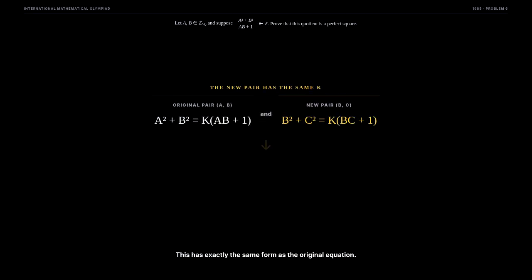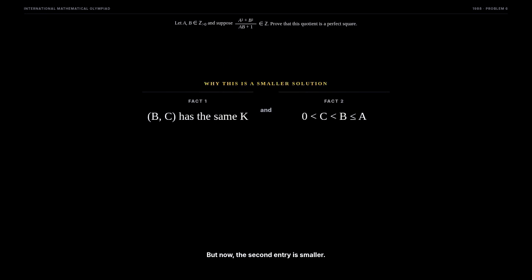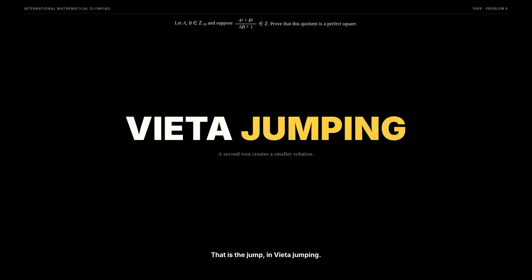This has exactly the same form as the original equation. So the new pair, b and c, gives the same value of k. But now, the second entry is smaller. We started with a and b, and we produced b and c, with 0 less than c and c less than b. That is the jump in Vieta jumping.